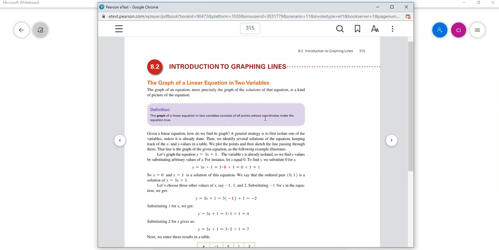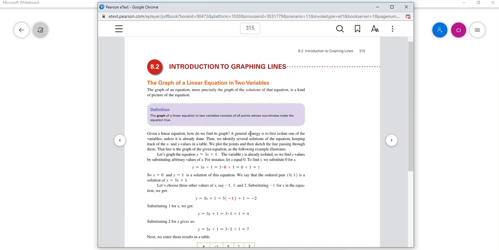It consists of all the points whose coordinates make the equation true. This says we're looking for the ordered pairs of numbers, the x and y coordinates, that make the equation true. So we're not just going to try to find one number.